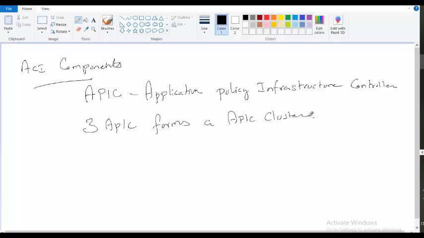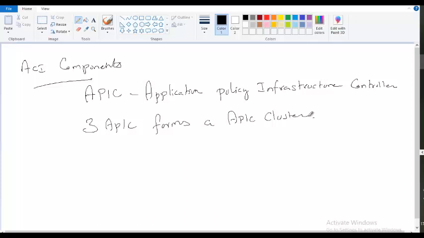This never participates in the data plane. Then why do I need 3 APICs? Is it not costly? Of course it is costly. This is not going to participate in the data plane. What is data plane? The plane that forwards the packet to the destination. The packet that enters leaf 1 may leave on leaf 5.